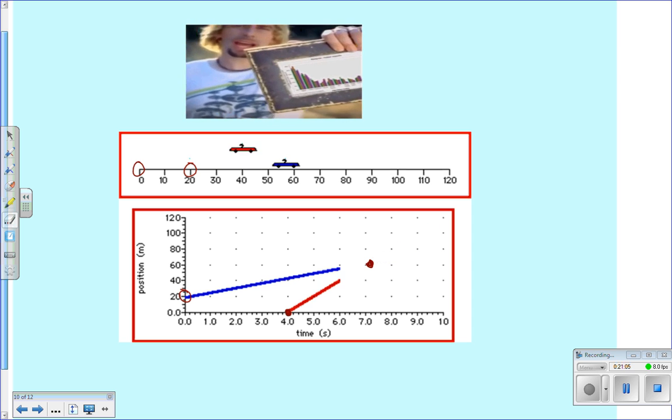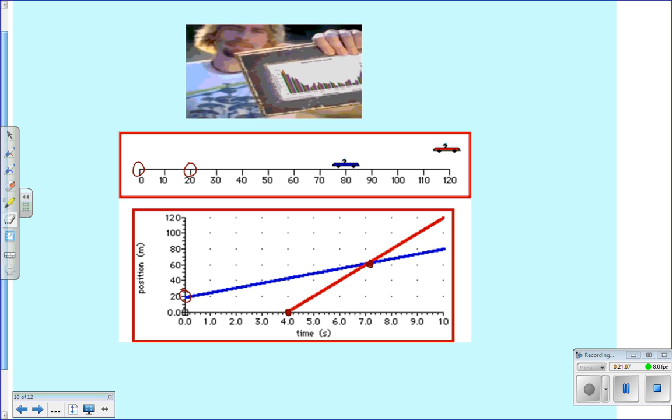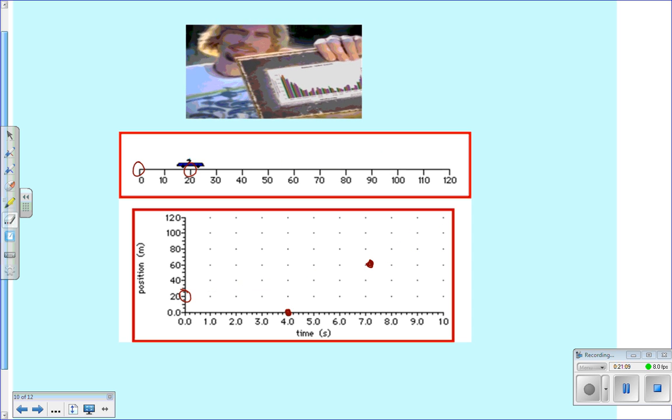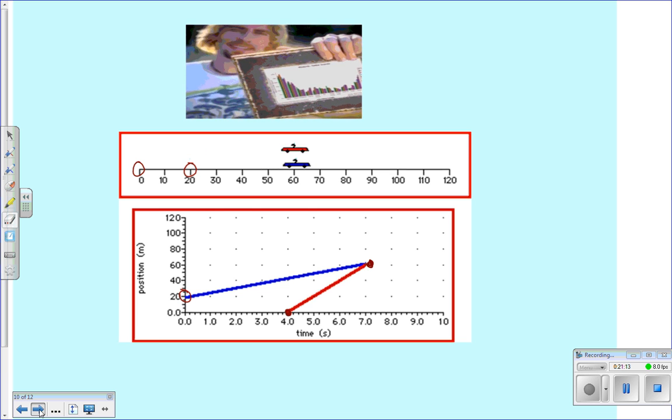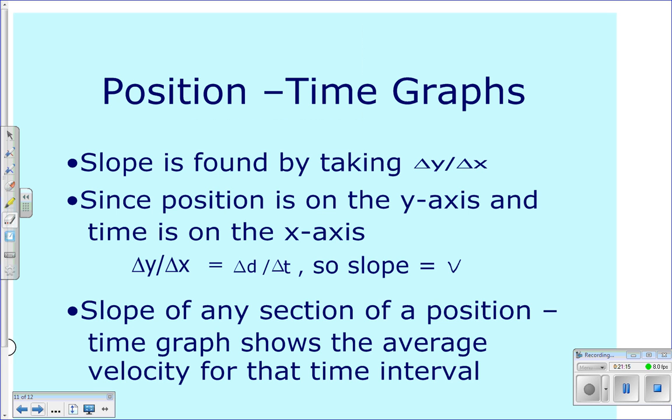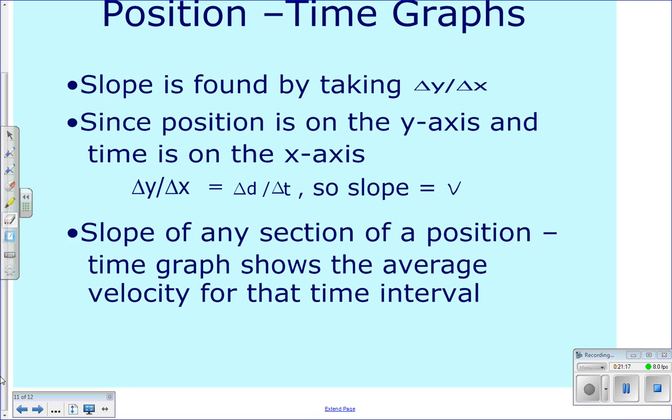Okay, so we have a position time graph here. On a position time graph, we could calculate the slopes, and the slope, if we look at the equation, slope is delta y over delta x. So on a position time graph, the y-axis is displacement, so we'd have delta d, and the x-axis is time, so we'd have t.